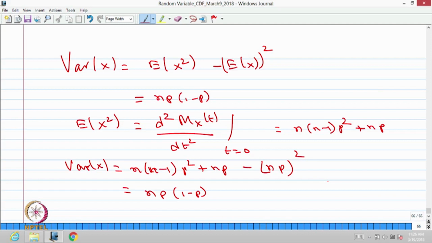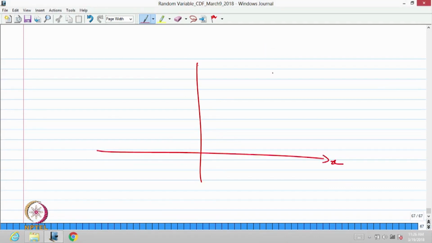There is another observation. If you draw the probability mass function of a binomial distribution, for x equal to 0 you will have some height. For x equal to 1, you will have another height. For x equal to 2, you will have a greater height, and so on. Then it will keep decreasing.